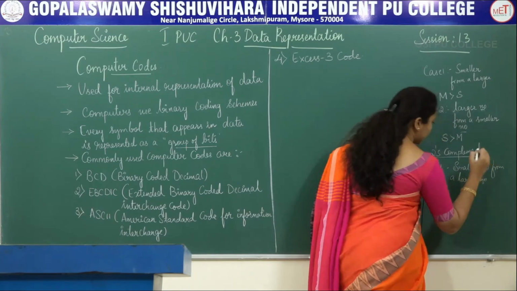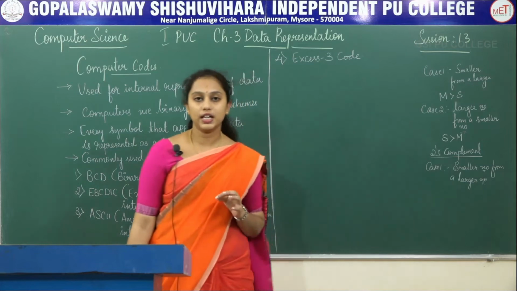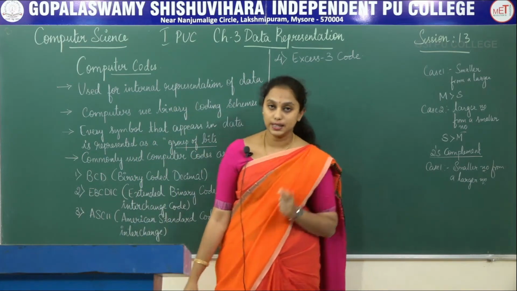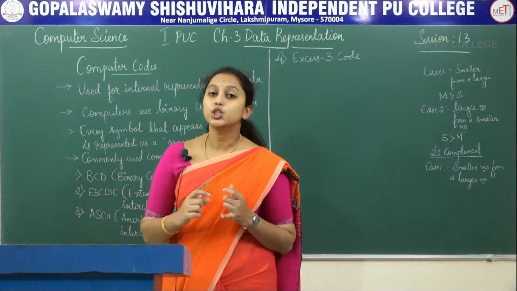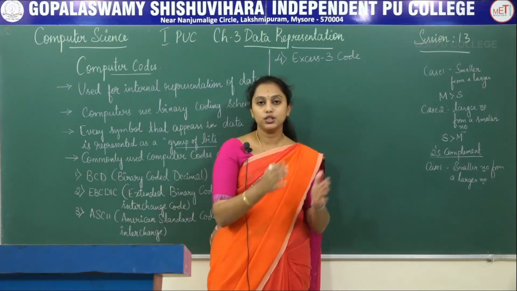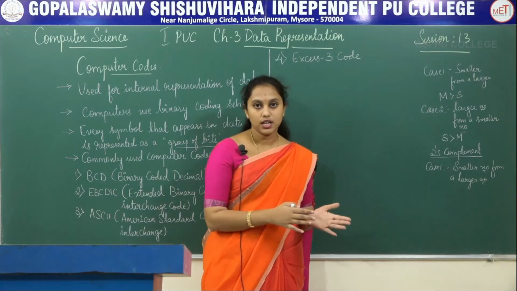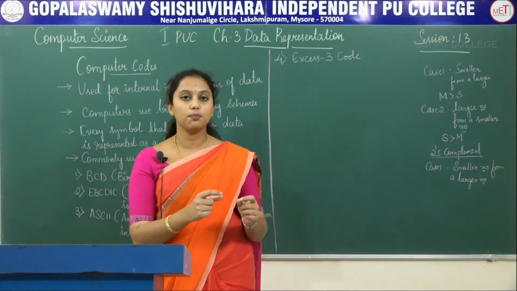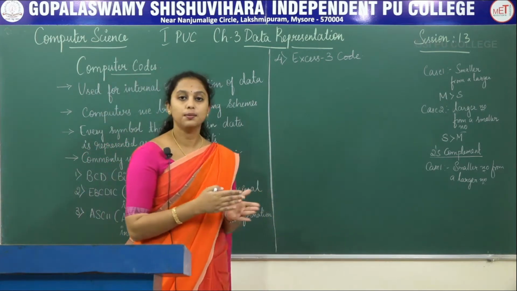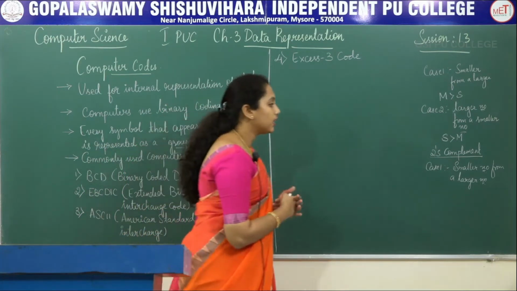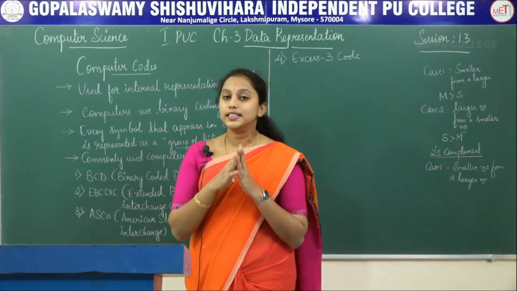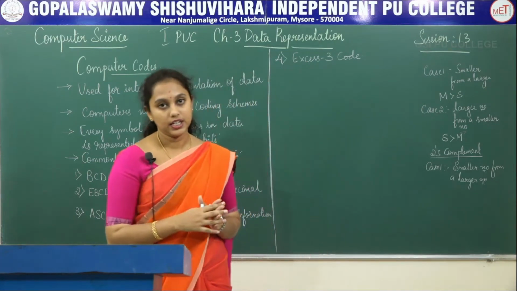In this case, first we take the twos complement of the subtrahend, then we add that value to the minuend. In the third step, if we get a carry, we discard that carry.